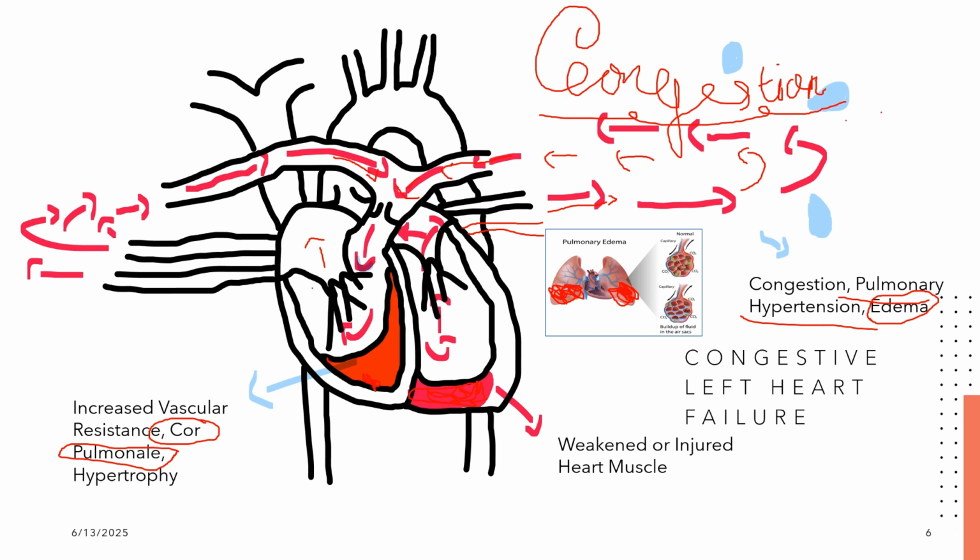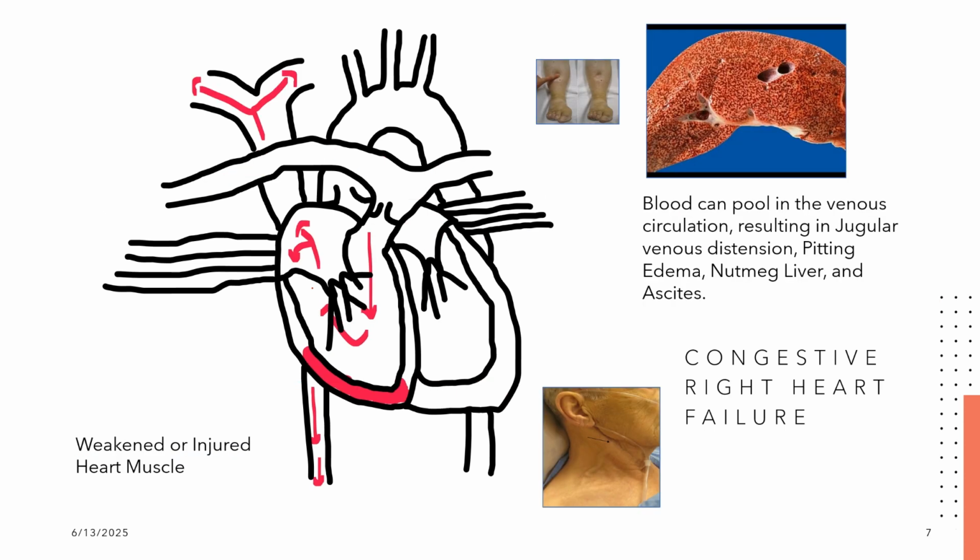Okay, now let's explore what happens when this condition arises and what symptoms will manifest. So let's look over here. Now you have your right ventricle, which is already weakened because of all the traffic jamming. Now guess what?